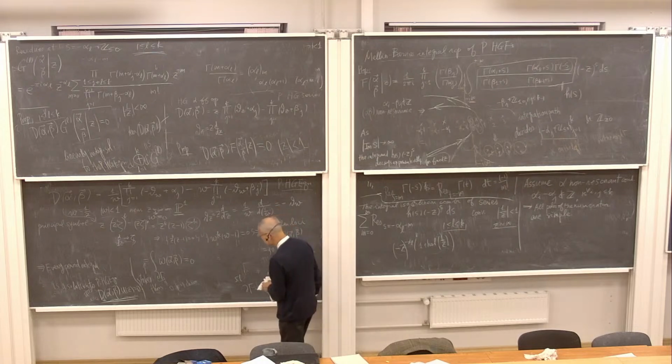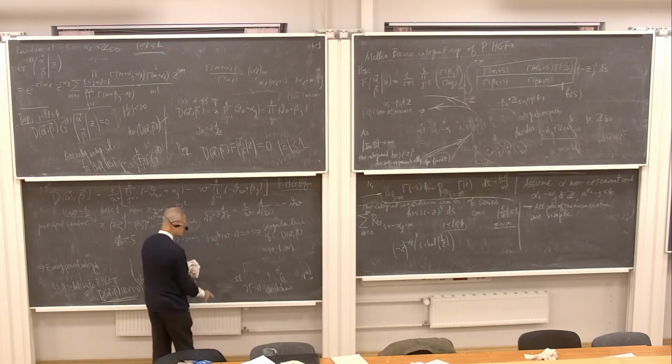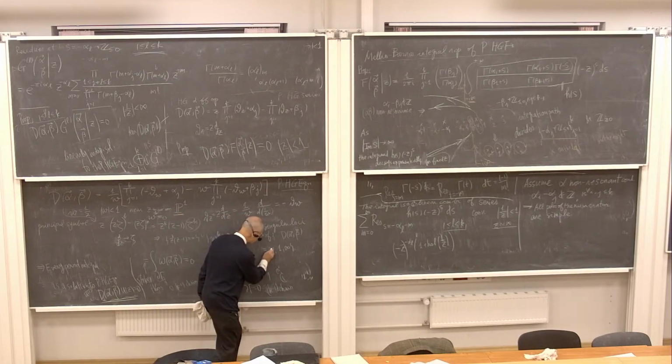Only three. So w equals 0 corresponds to z equals infinity.